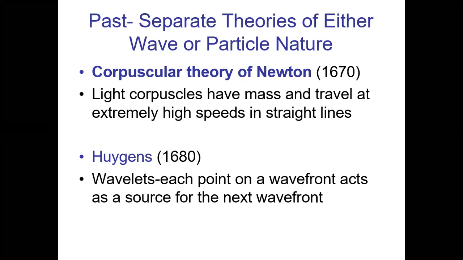So he opposed Newton's theory. Huygens thought that light can travel in the form of waves, while Newton thought that it travels in the form of particles. Both these theories were very old, as you can see, from 1670 and 1680 respectively.